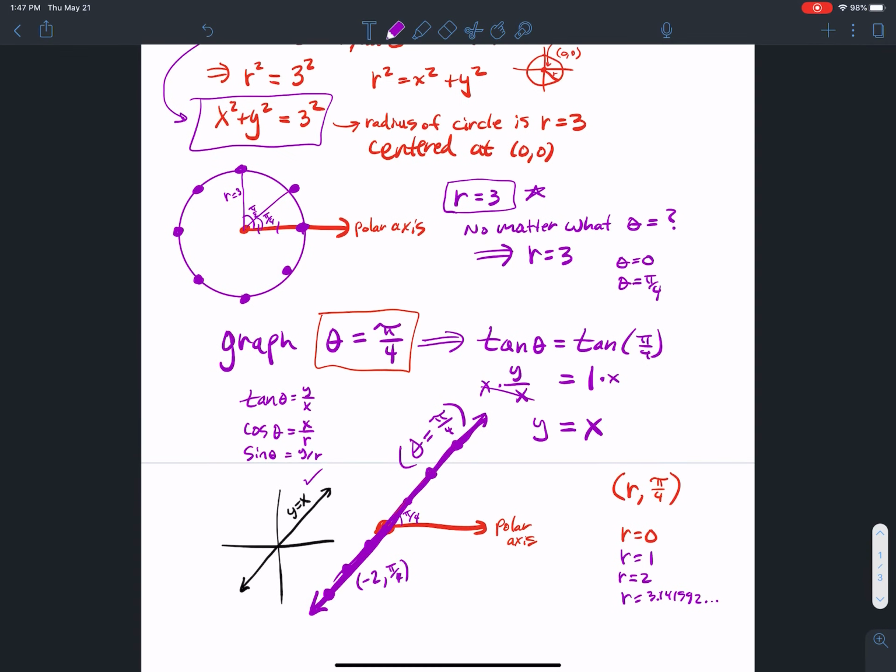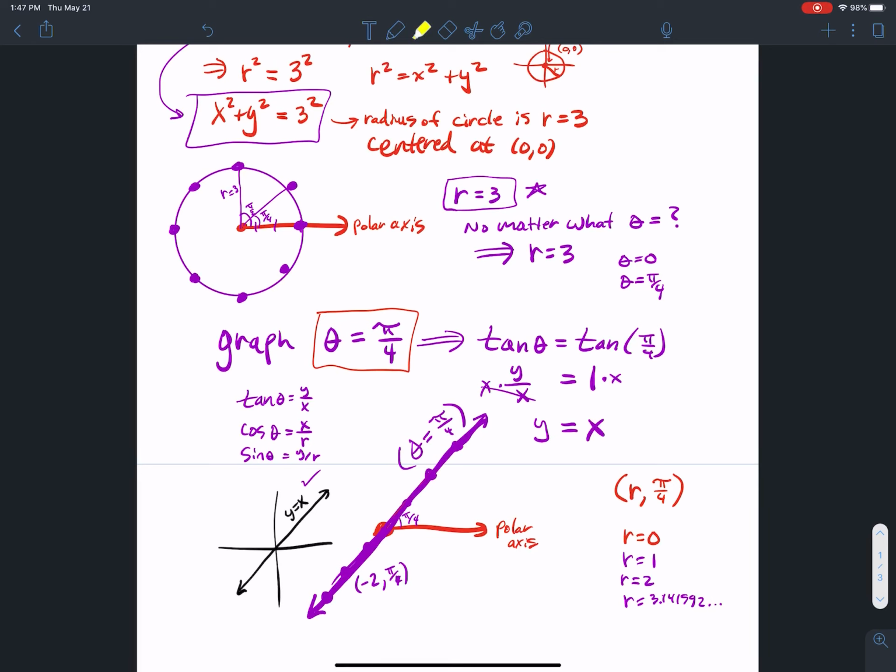Think about what we just did here. You think about y equal to 0: this is a horizontal line in the xy plane. And x equal to 0 is that vertical line. Those are special cases, just like if I have r equal to a number.